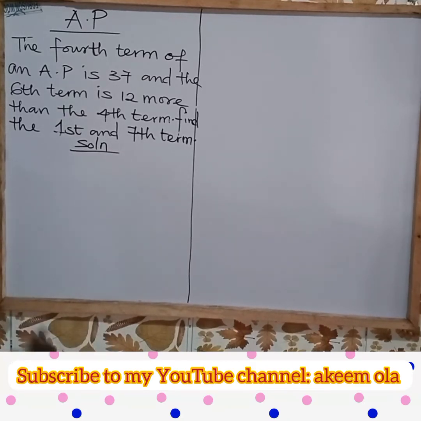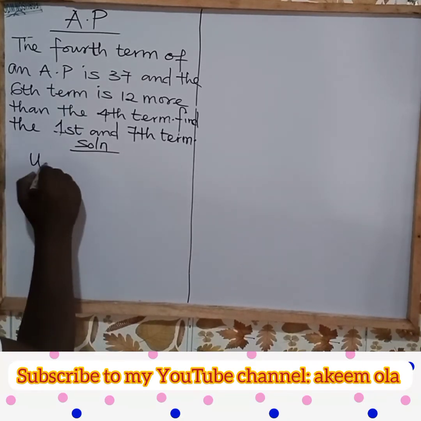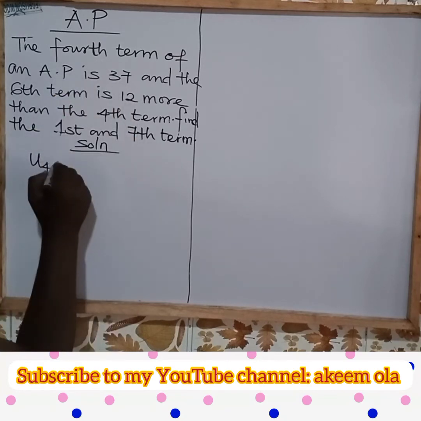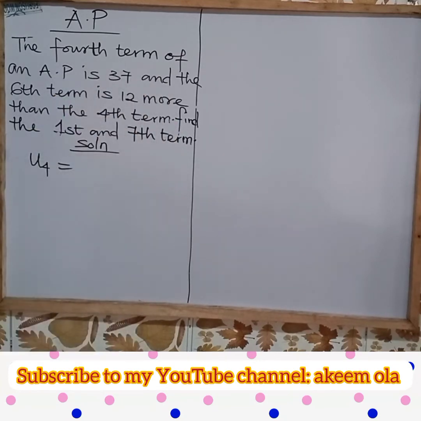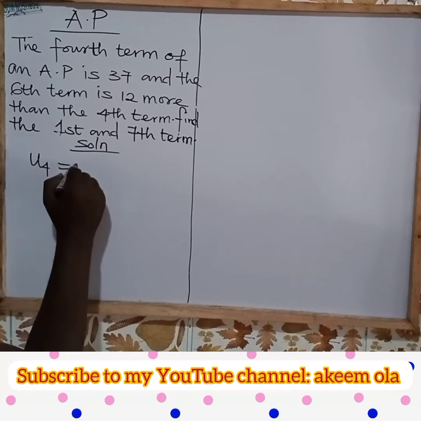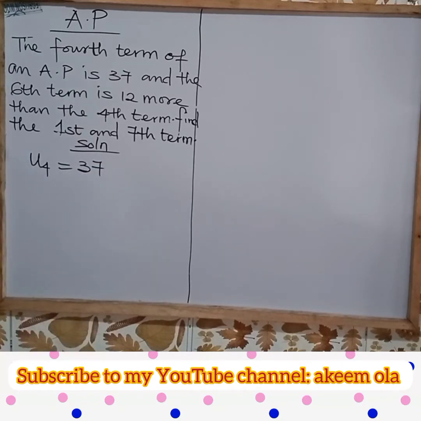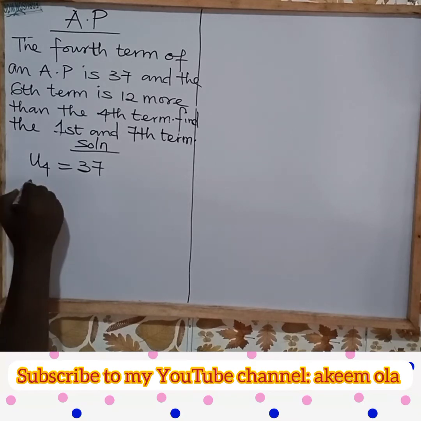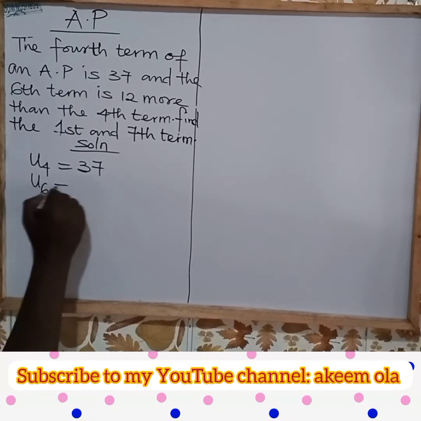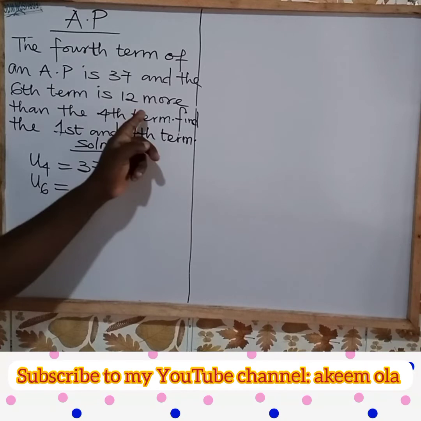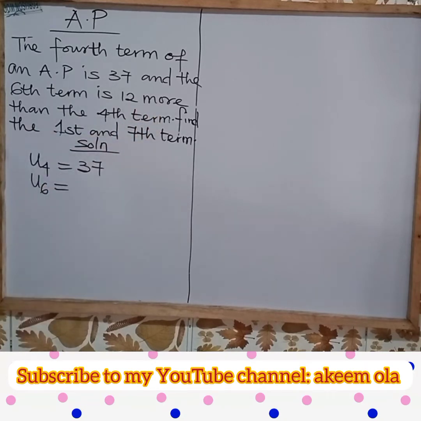The fourth term of an AP is 37, so we have U4 is 37. And the sixth term, U6, is equal to 12 more than the fourth term.